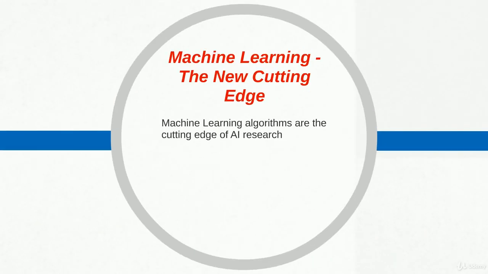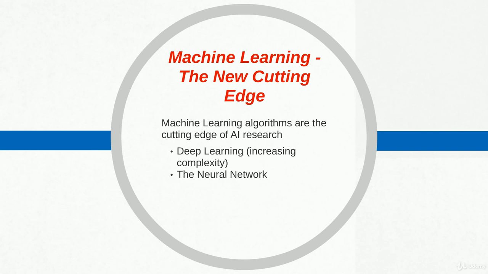Machine learning can be considered the new cutting edge of artificial intelligence research. So for visual perception tasks, we are starting to develop deep learning networks that are really good at visual perception. Natural language processing would be another example of a scenario where we're using machine learning algorithms in an artificial intelligence role, and we're doing it quite well.